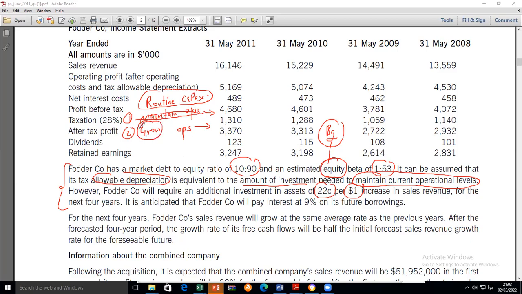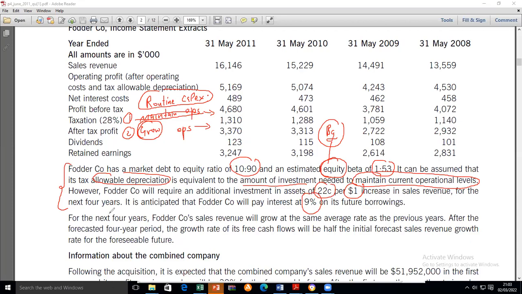So this is the one which is active and the one we're going to capture. 22 cents for every dollar increase in sales revenue. Don't panic, because we'll show you how to do that for the next 4 years. It is anticipated that F will pay interest at 9%. Some of you are asking what that figure is for. It will help us calculate the cost of debt.